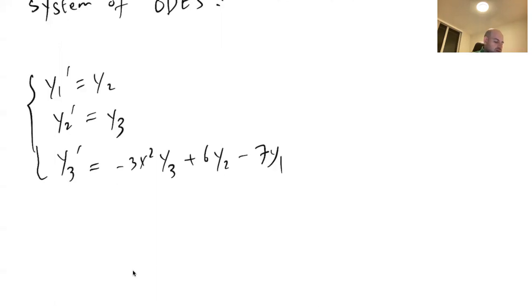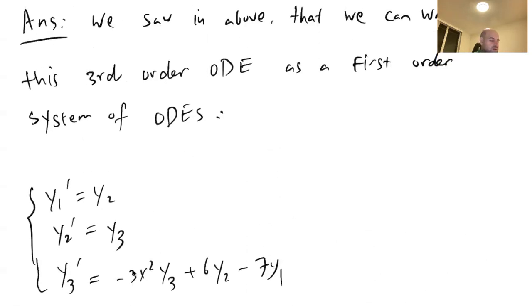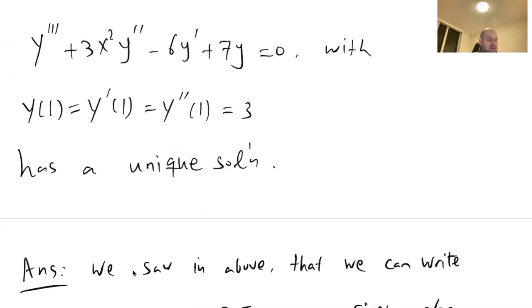With the initial conditions. Now the initial conditions can be written as, so what are the initial conditions? The first initial condition says y of 1 equals 3.